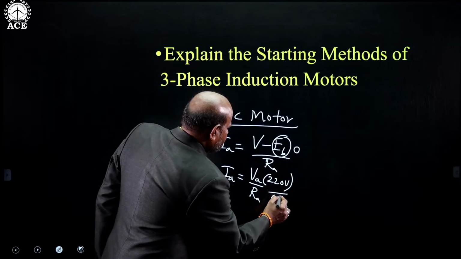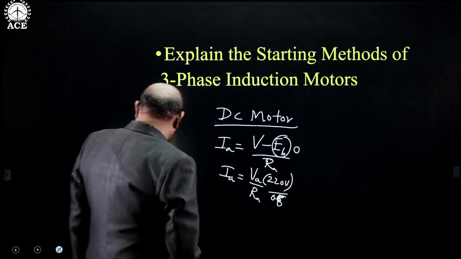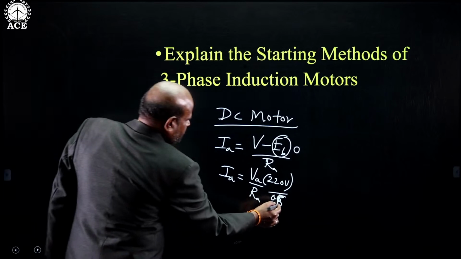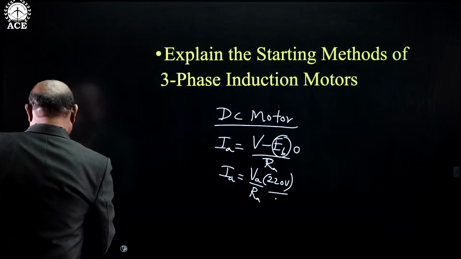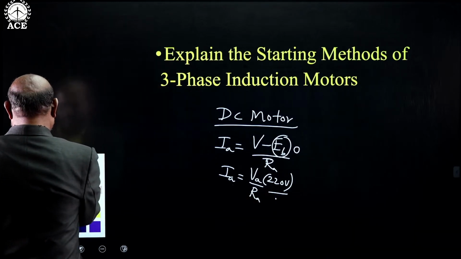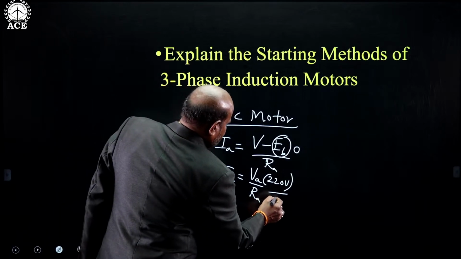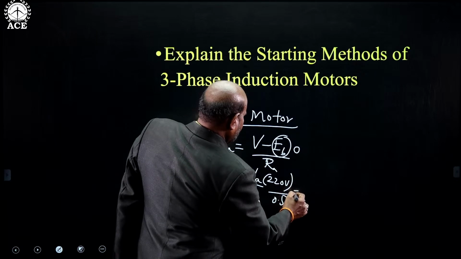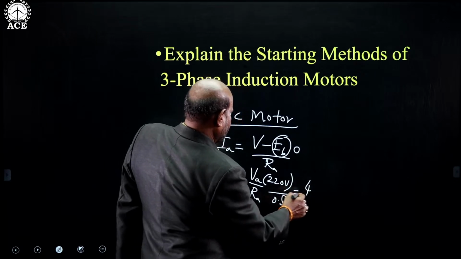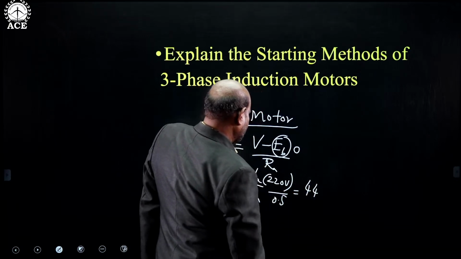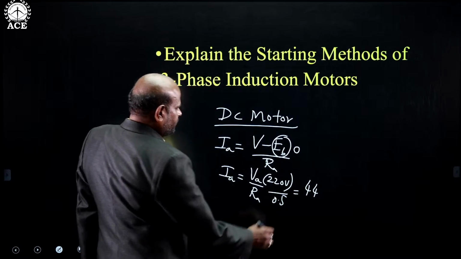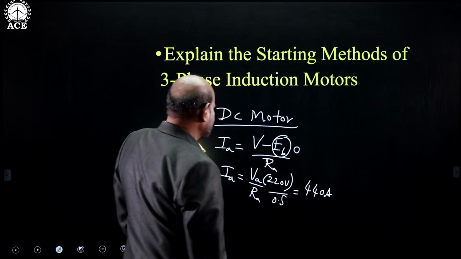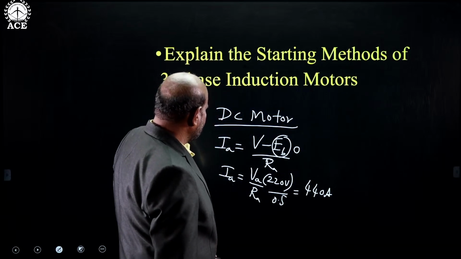So what is the current we are going to get here? Approximately 440 amperes. A very dangerously high current.